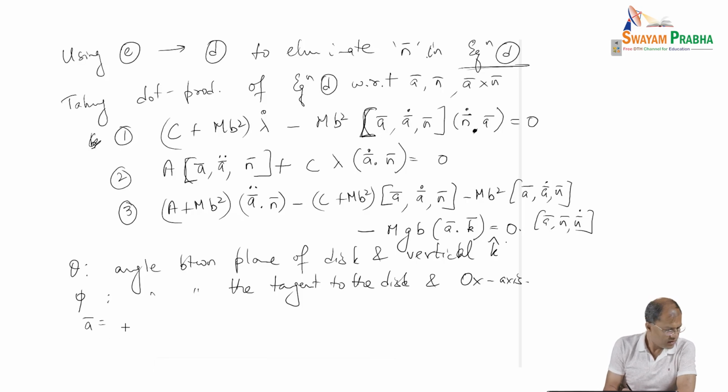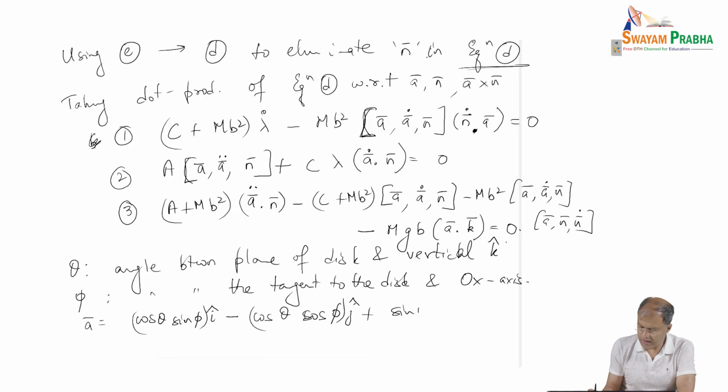And we see that in this case we get A to be cos theta sin phi i hat minus cos theta cos phi j hat plus sin theta k hat, right? And N is minus sin theta sin phi i hat plus sin theta cos phi j hat plus cos theta.